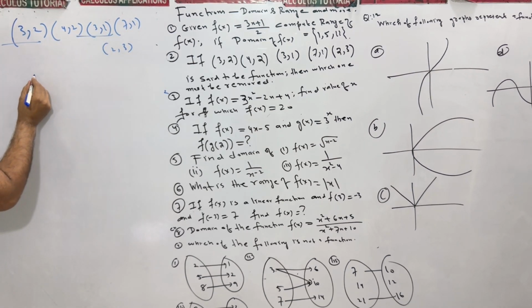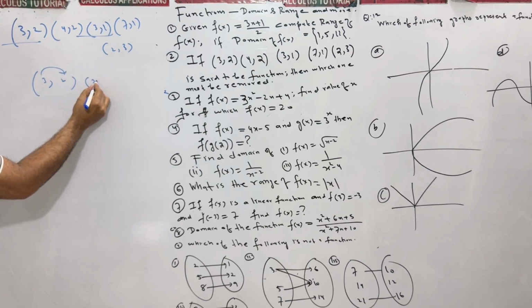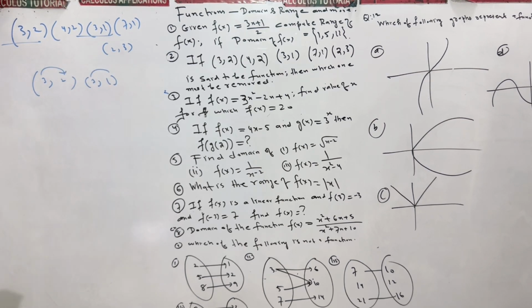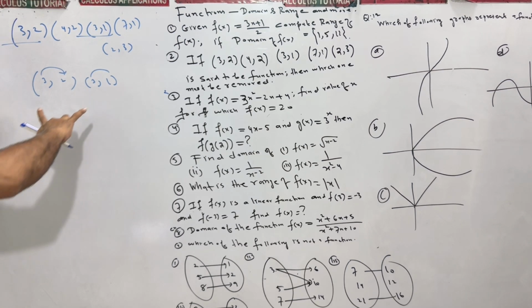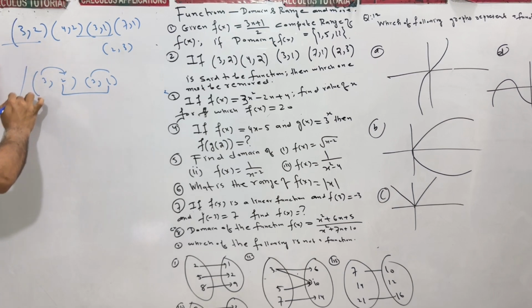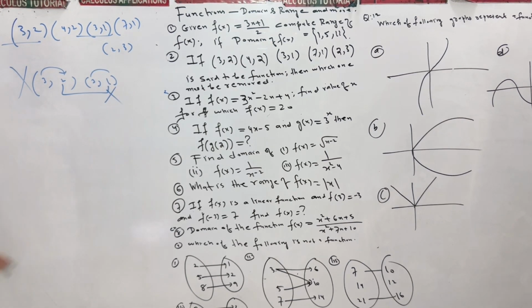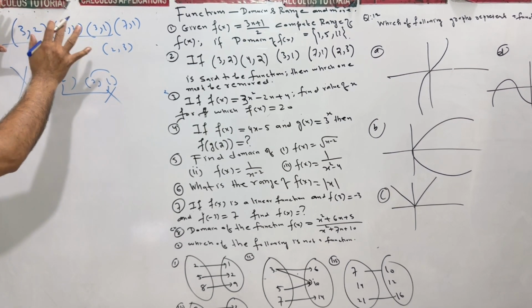There lies the violation, because 3 is related with 2 as well as 3 is related with 1. For single input 3, there are two different outputs. Either eliminate 3→2 or eliminate 3→1, then it's going to be a function.